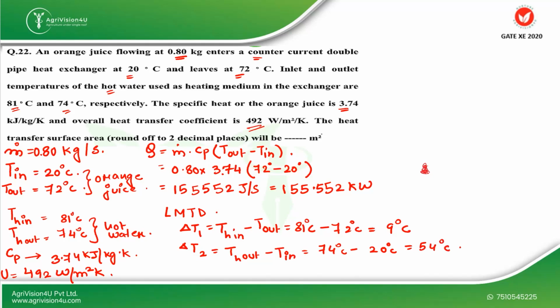Now LMTD, that is delta Tm, equals (delta T1 minus delta T2) by ln(delta T1 by delta T2).